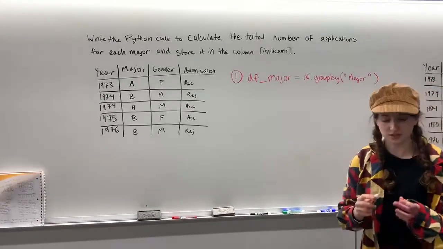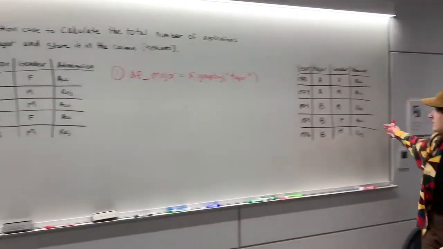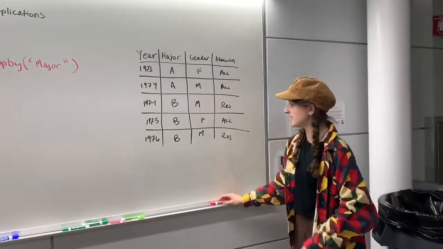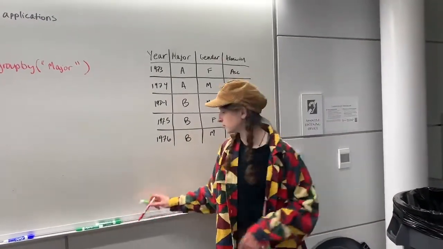And basically what the grouping function will do, as I have written out over here, is reshuffle all the data you have and put it in an order that has major groups.